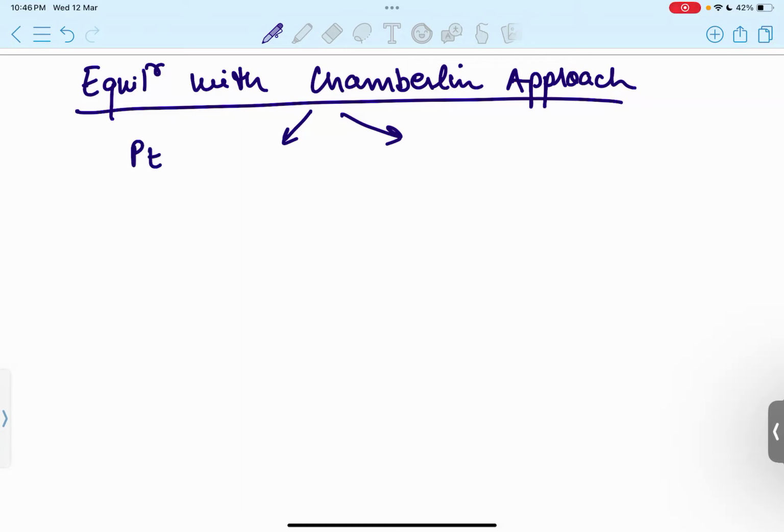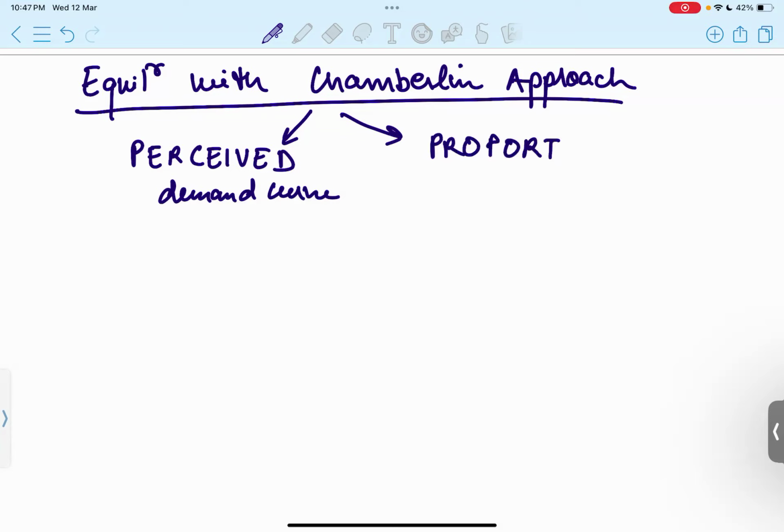One is the perceived demand curve. Another one is the proportional demand curve. So we can derive the meaning from the name itself.